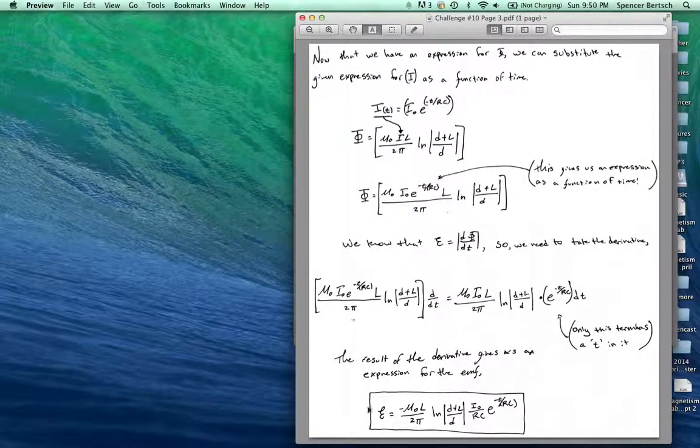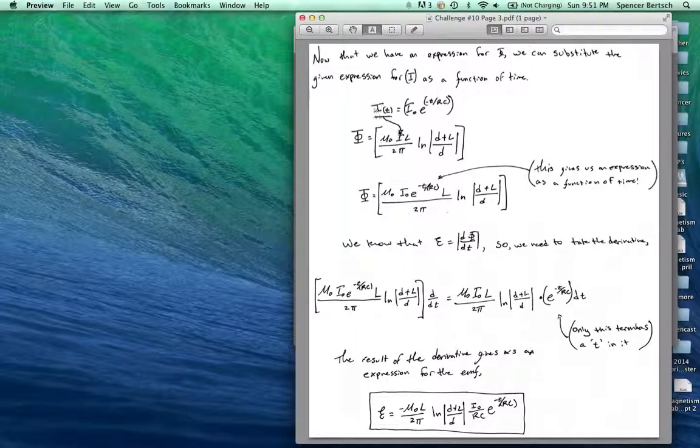Now that we have that expression, we can substitute in from the problem. It gives us what I is as a function of time. We learned about this a few weeks ago in class: I of t, the current as a function of time, is equal to I naught times e to the negative t over RC, because it's an RC circuit.